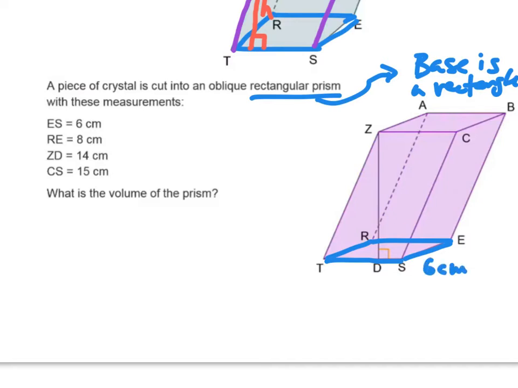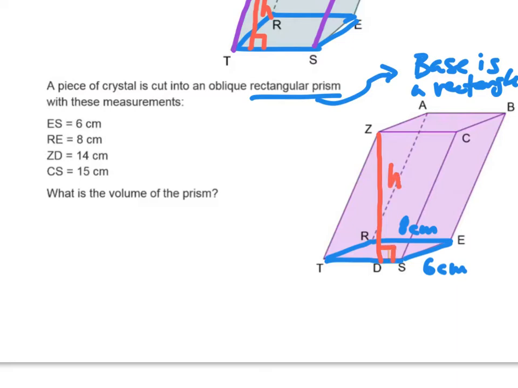I know that RE is 8 centimeters, and I'm getting all this information from this list over here. This is 8 centimeters. ZD, that value, is 14 centimeters. Now I'm going to highlight that in red because that's my height because it makes a right angle.